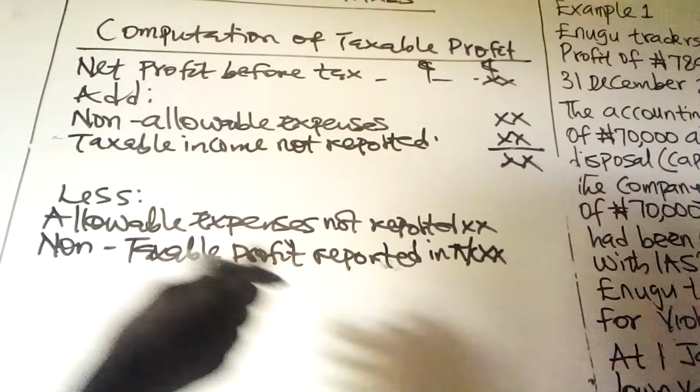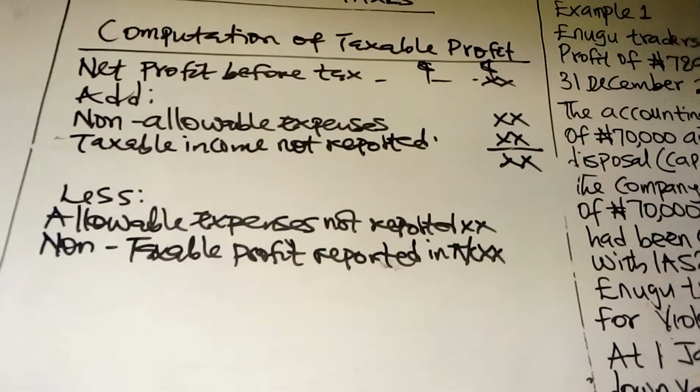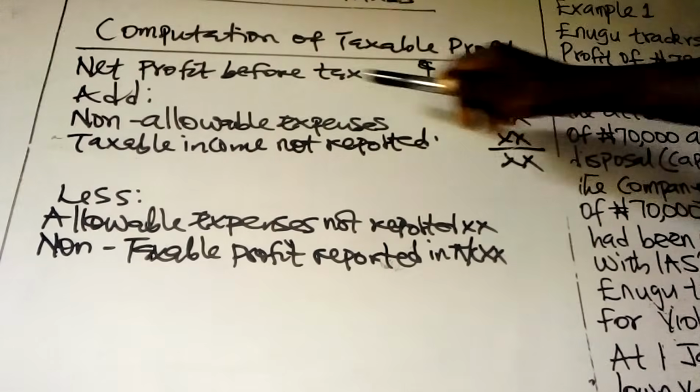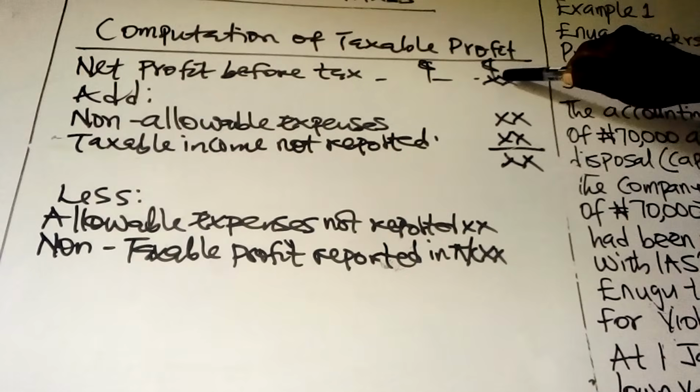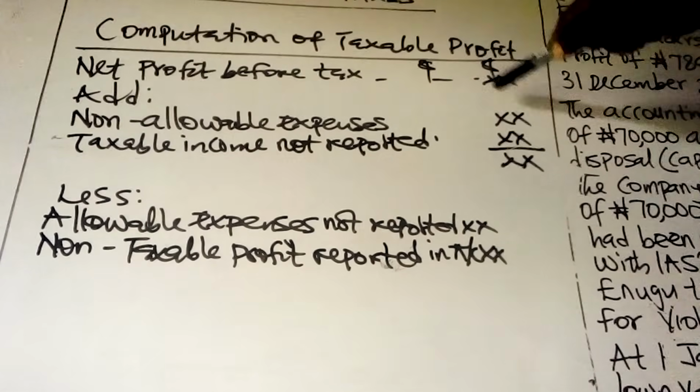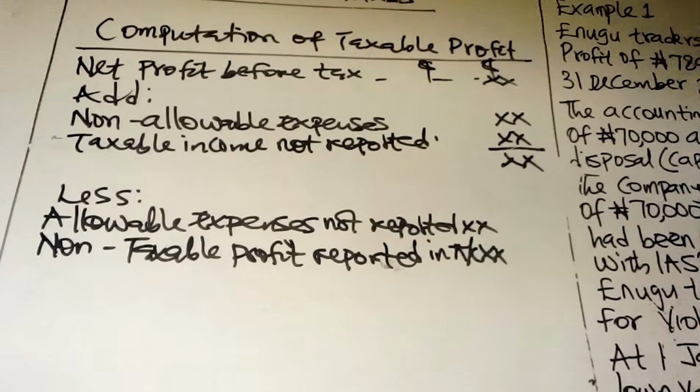These profits are not taxable, but they have been reported. That means they have been included in the statement of profit or loss. That means those profits form part of the profit before tax, but they are not taxable. E.g., profit from disposal of an asset, profit from disposal of non-current assets.